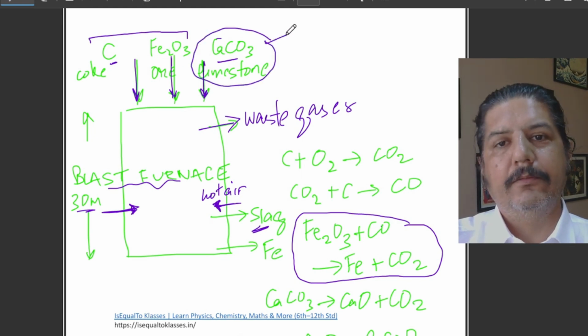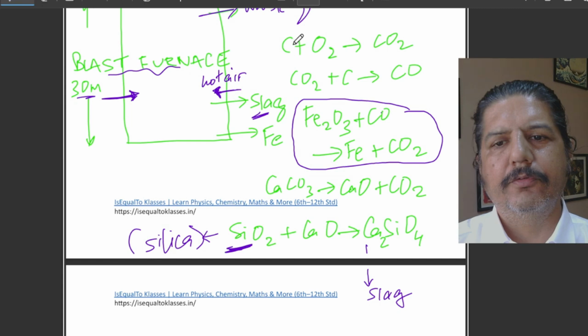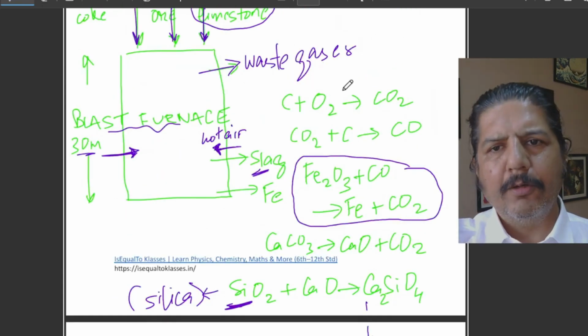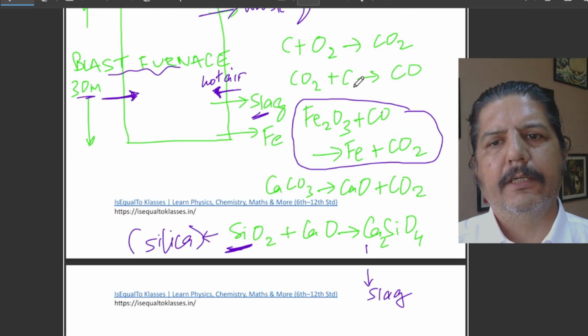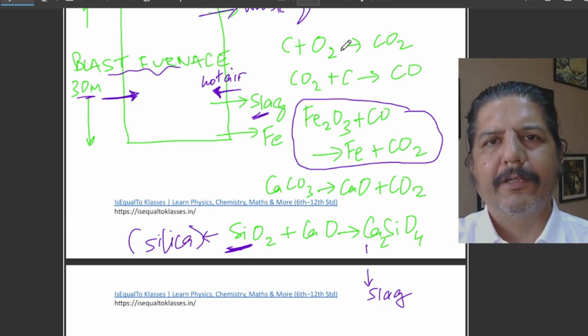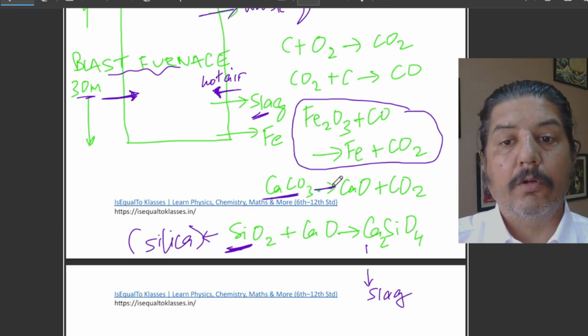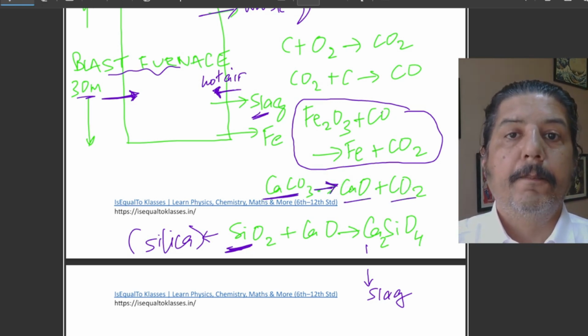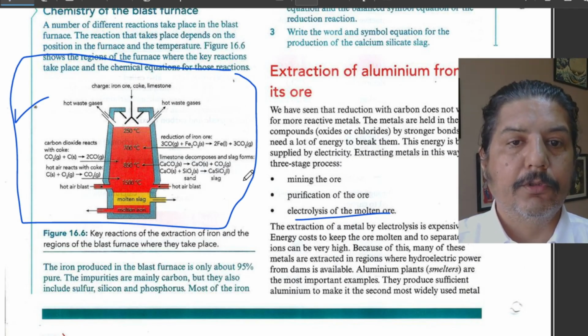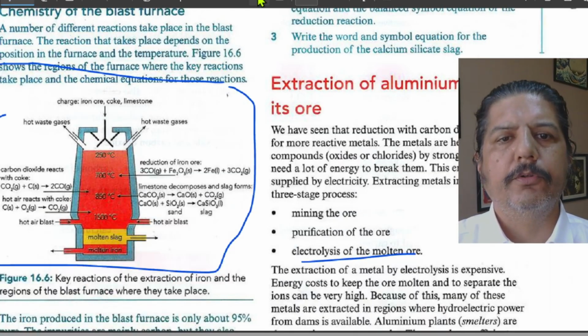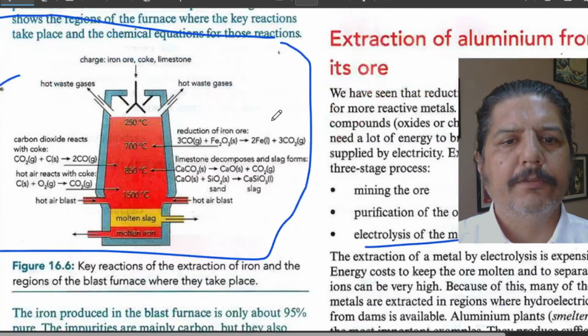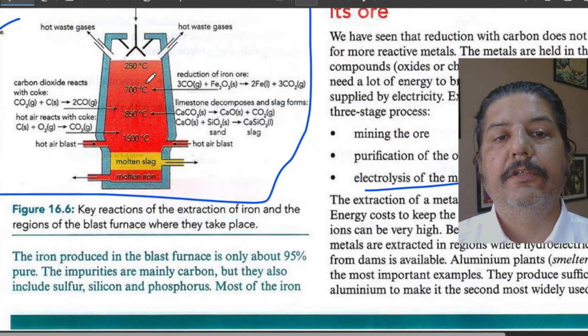So let me show you the reaction of the limestone first. These are not balanced equations, so just take care of that, because I've tried to simplify as much as I can. This is limestone. On heating it gets converted into CaO plus CO2. The high temperatures are there. If you refer to your textbook, we'll have temperatures on the scale of 1500 degrees, 850, 750, 200.